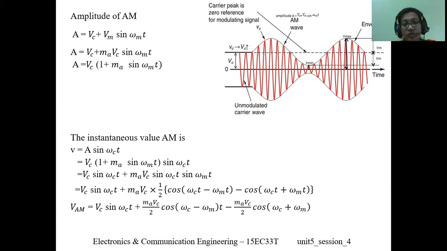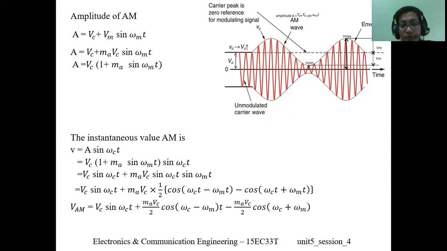The amplitude of the carrier, the red lines, is varying in accordance with the message signal.